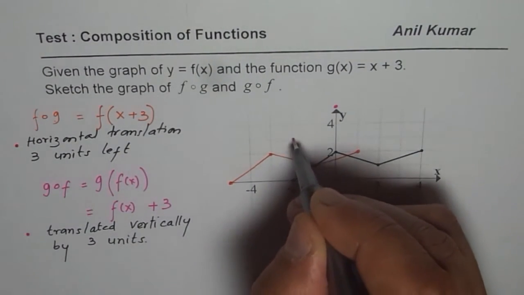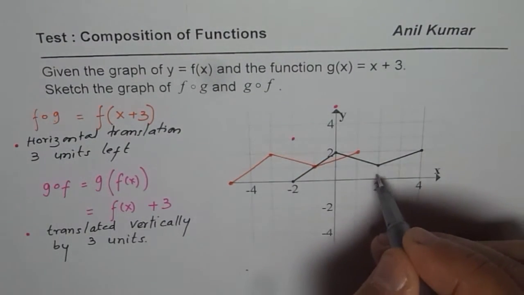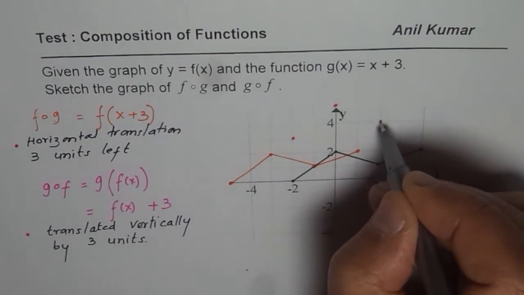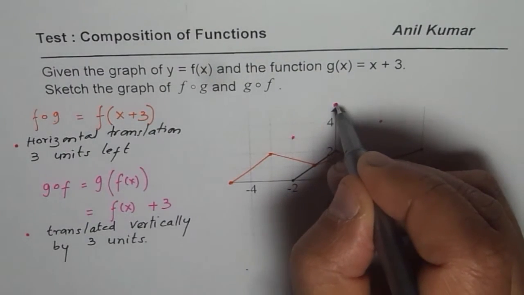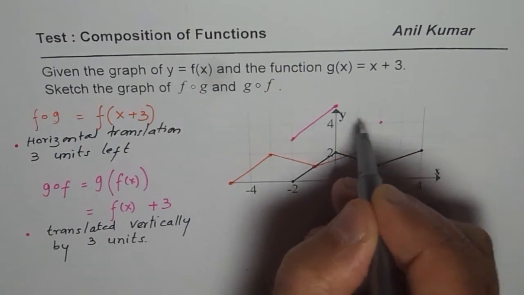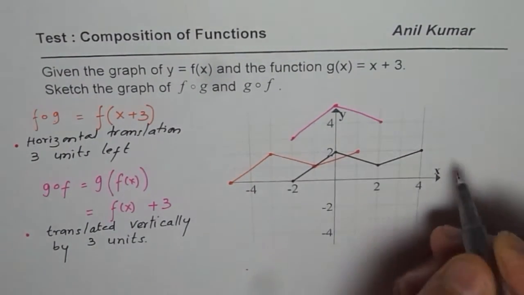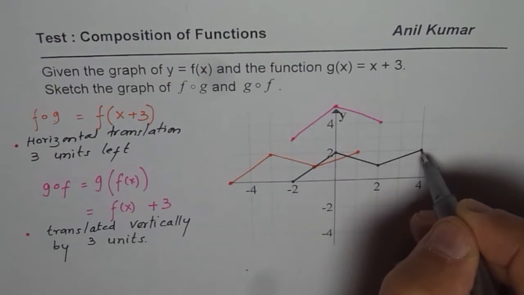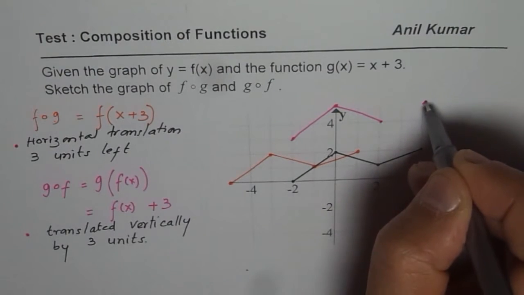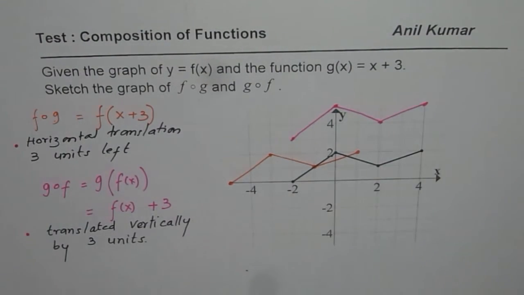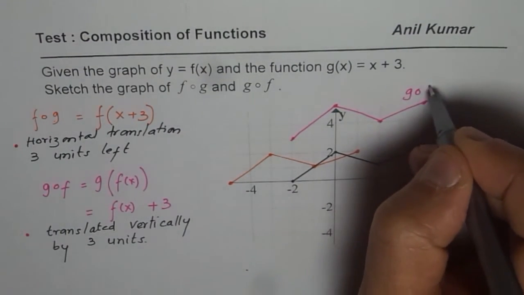This is 0, it will go at 3. And this is at 1, so it will be appearing at 4. So let me connect them. And this is at 2. Okay, so it will go at 5, so it is there. So kind of like this. Do you see that? So this function becomes g of f.